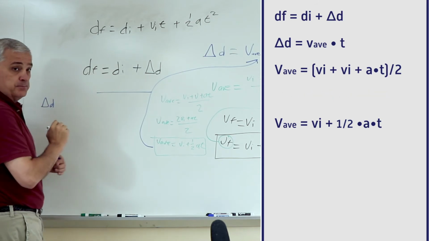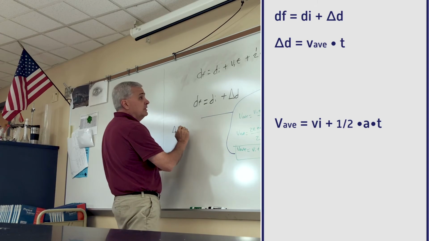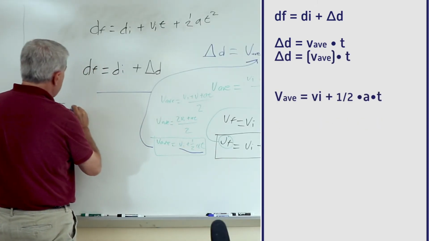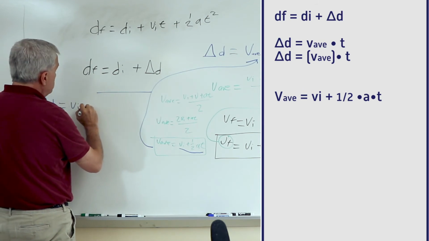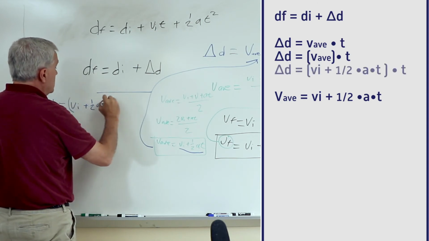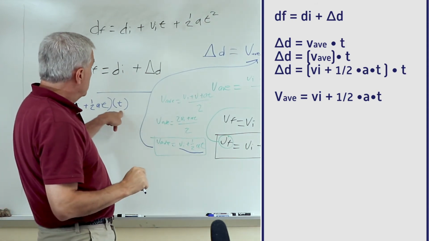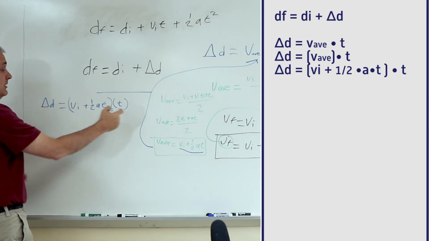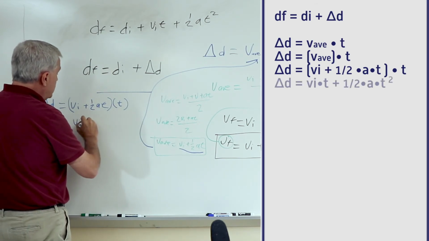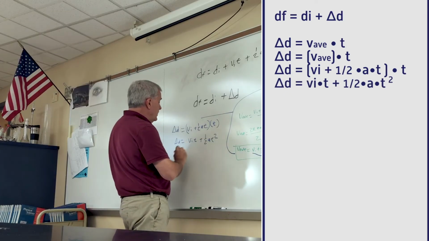The change in displacement, delta D, is equal to the average velocity, which is V I plus 1/2 A T, times T. I'm going to multiply the T into the parentheses. Delta D equals V I T plus 1/2 A T squared.